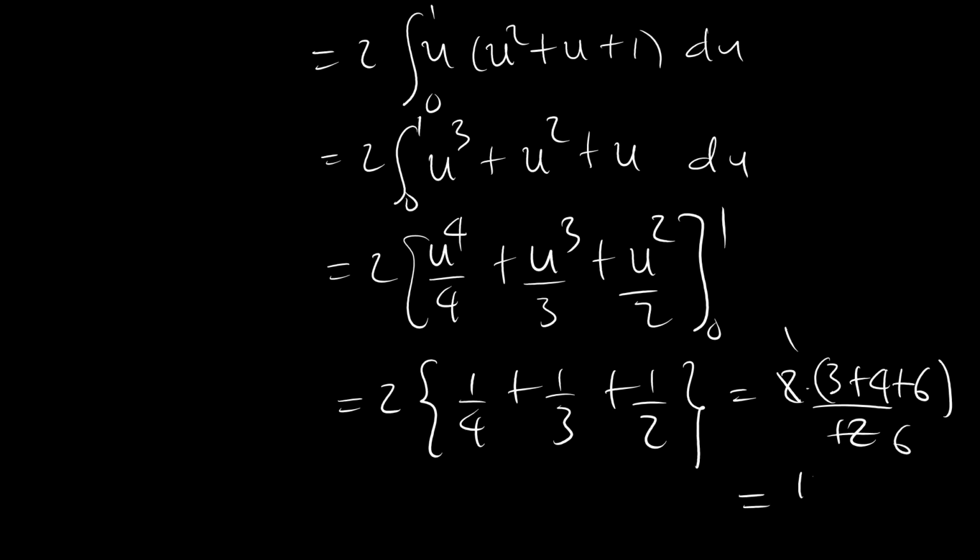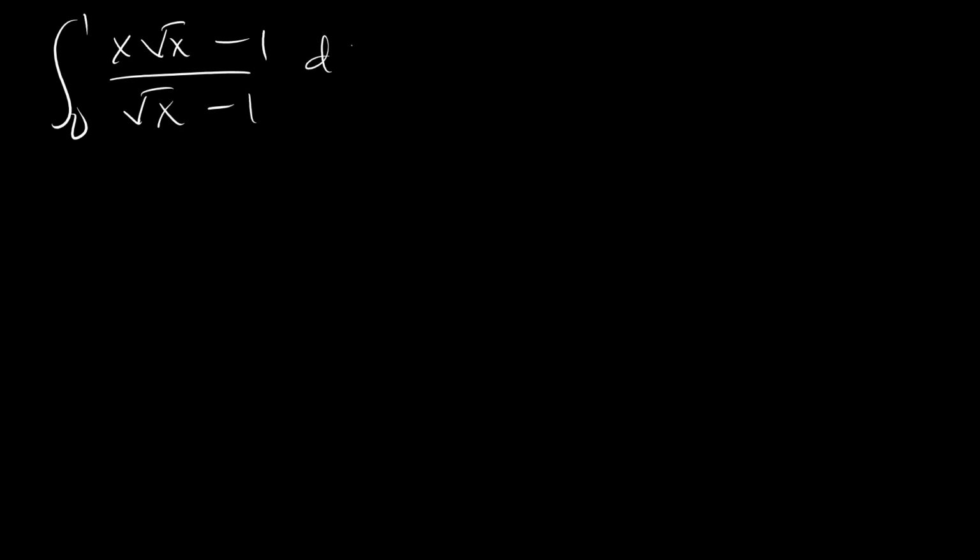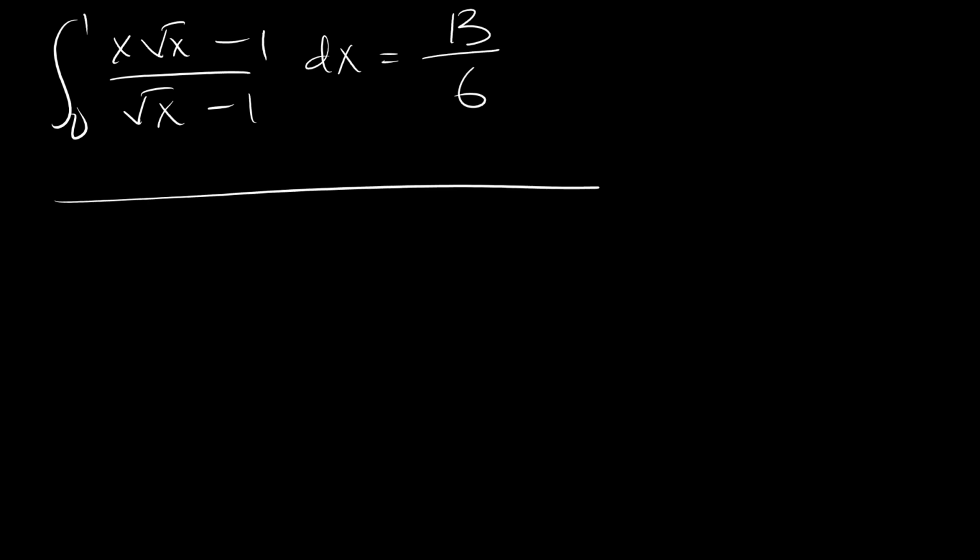So we have 13 over 6, and that is the answer. So in other words, the nice integral from 0 to 1 of x times the square root of x minus 1 over square root of x minus 1, dx is equal to 13 over 6. Okay.